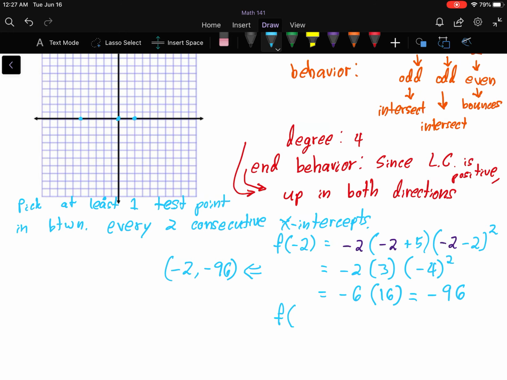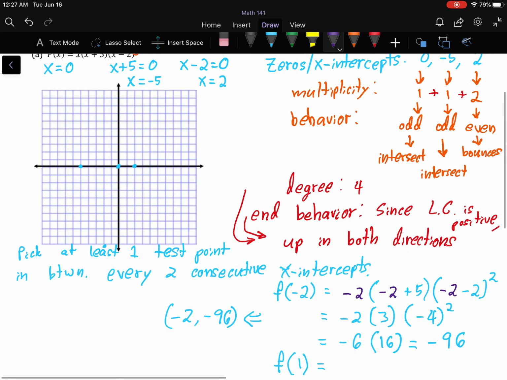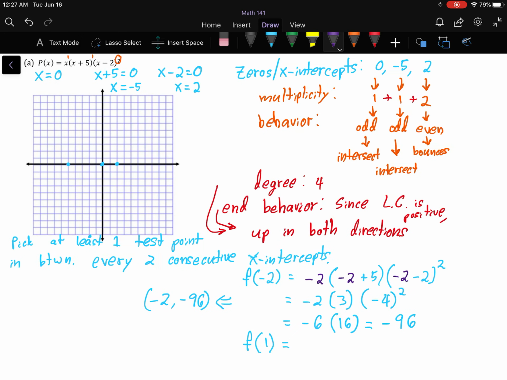And then our other test point is going to be between 0 and 2, so we'll pick x equals 1. Looking back at our original equation, we plug in 1 for x.